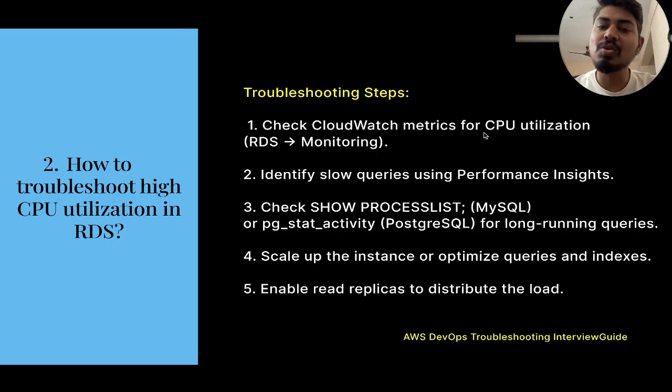If there are no slow running queries, try to upgrade your instance and increase its size. And second, if you found some long running queries or indexes, try to optimize those queries and reduce the time they are taking, with the help of database developers or DBAs. Enable read replicas to distribute the load.